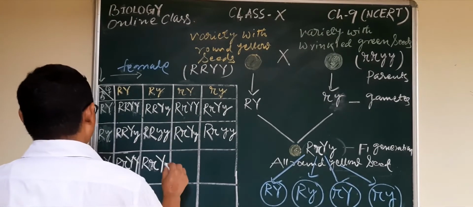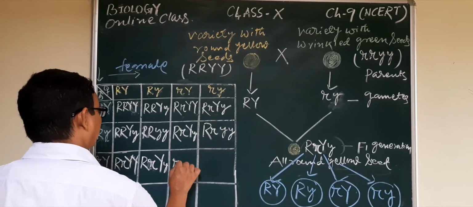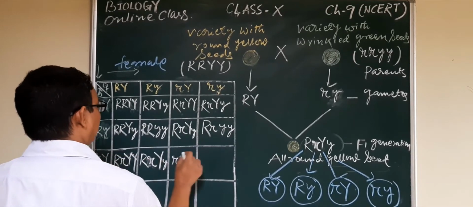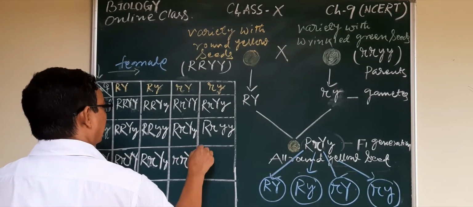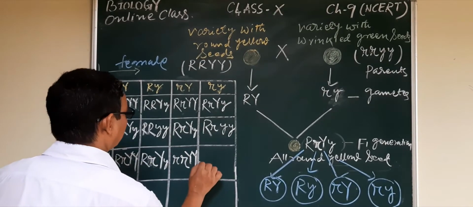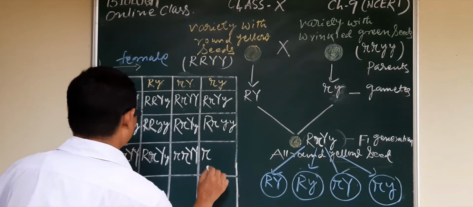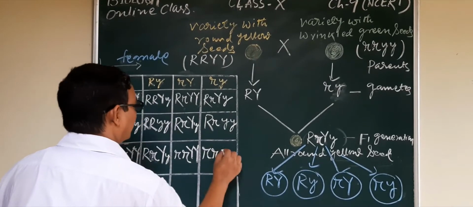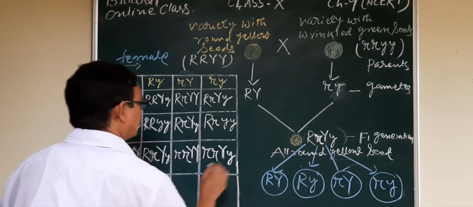The third one is small r and capital Y, small y.